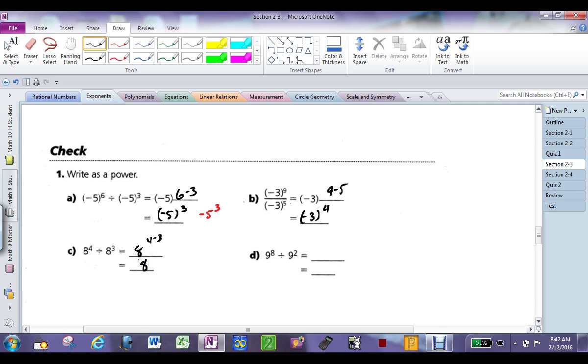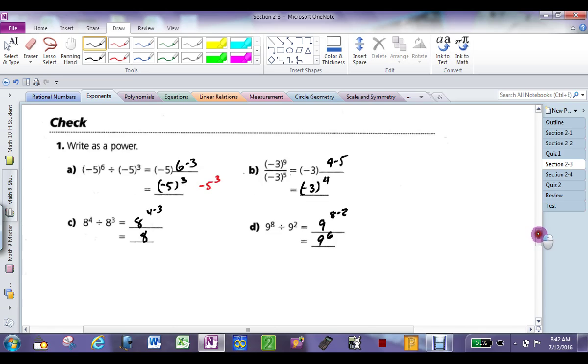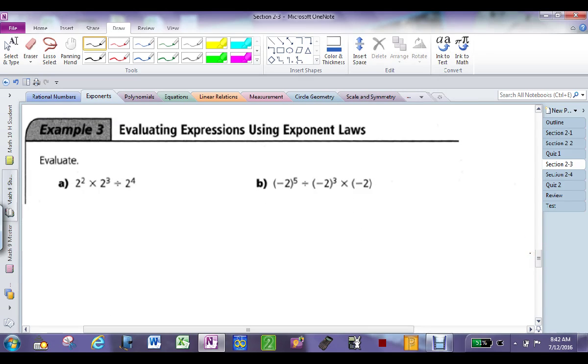Because we never write 1 as an exponent, but we have to remember it's there. And this one? 9 to the 6th. Everybody good? Easy peasy lemon squeezy, right? Add, subtract. We're in the 9th grade, 10th grade, we can add and subtract. So now we put it all together.